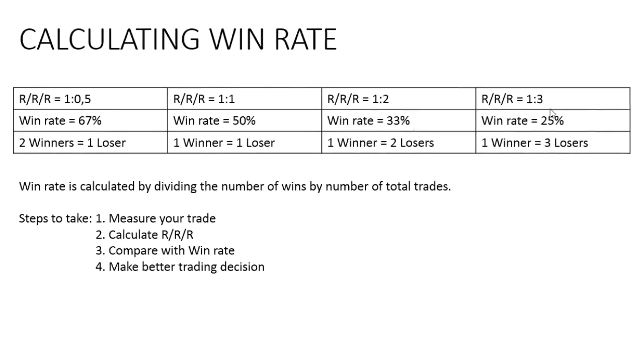Because if you take a look at 1:3, we've got a win rate of 25%. You need a win rate of 25% to stay consistent. Meaning that out of 100 trades, if it happens that only 25 trades go in your direction and you lose 75 trades, you still will be at break even.